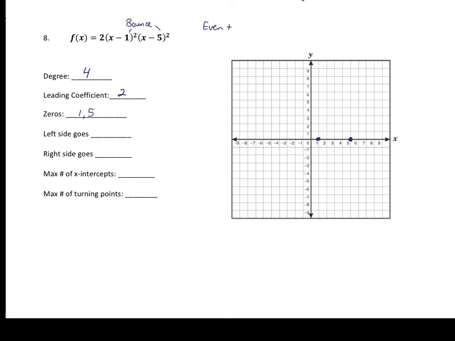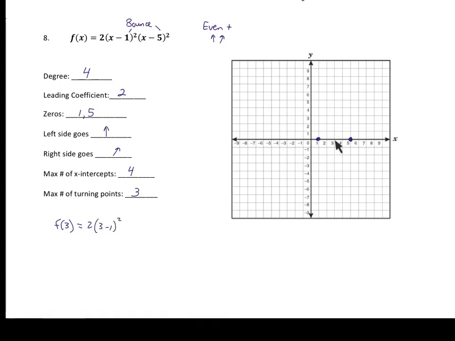Since our degree is even and our coefficient is positive, it's going to go up to the left and up to the right. Maximum number of intercepts equals the degree, so that's 4, and then turning points is 1 less than that. The actual intercepts, though, are 2 because we have the two bounces, so we're going to take 3.